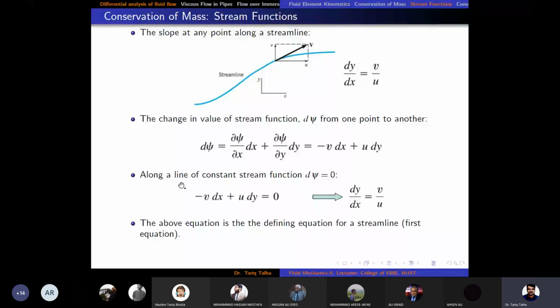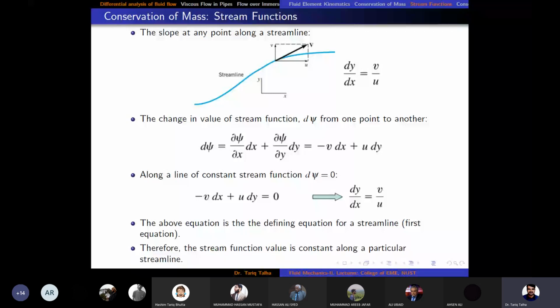If we find the slope of the line along which stream function value is constant, that also comes out to be v upon u. So the line which has constant stream function value is basically the streamline, and we can draw the streamline by using the constant stream function value.